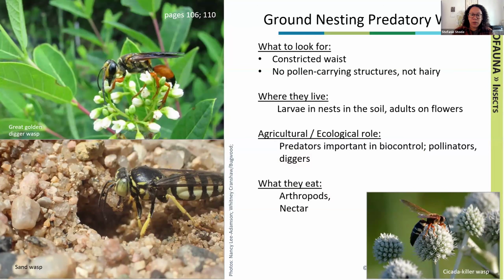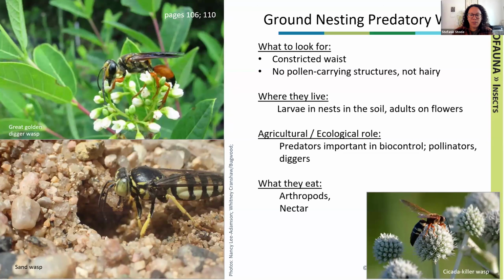The females will hunt for prey instead of collecting pollen. These females are out hunting for prey to then provision their nests for their developing young. So different arthropods, especially caterpillars or crickets and grasshoppers, stink bugs, or even aphids. They'll take these back to their nest for their young to eat.